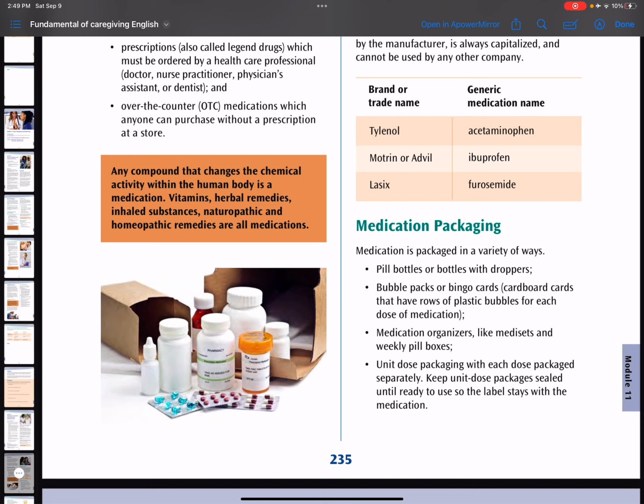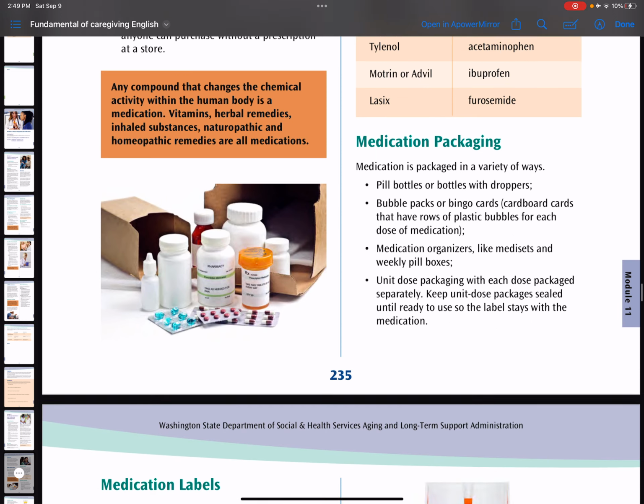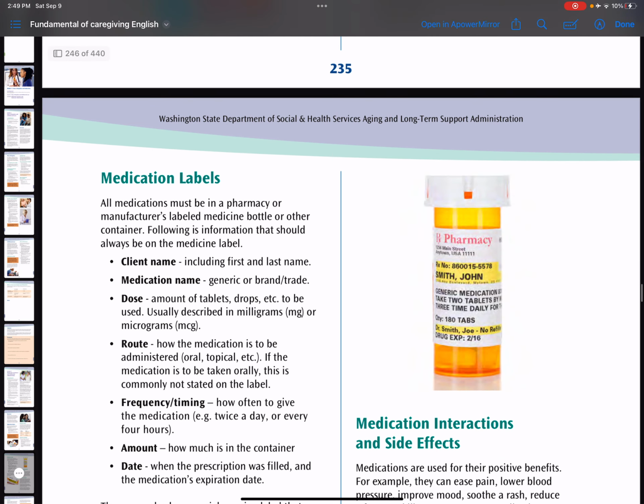Medication can also cause serious harm or even death, even if it is helpful. So to help prevent negative effects, home care aides must understand the basic idea of medication interaction and side effects. Prescription or over-the-counter medications can sometimes interact with each other.